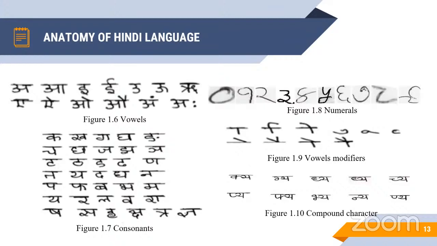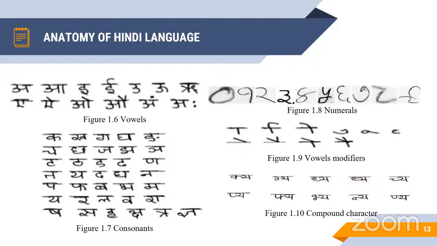The vowel identifier is kana, matra, right? The next one is the compound character, that means the half character first and the full character second. See this one in figure 1.10, dear, beer, near. So na is a half and the year is full.